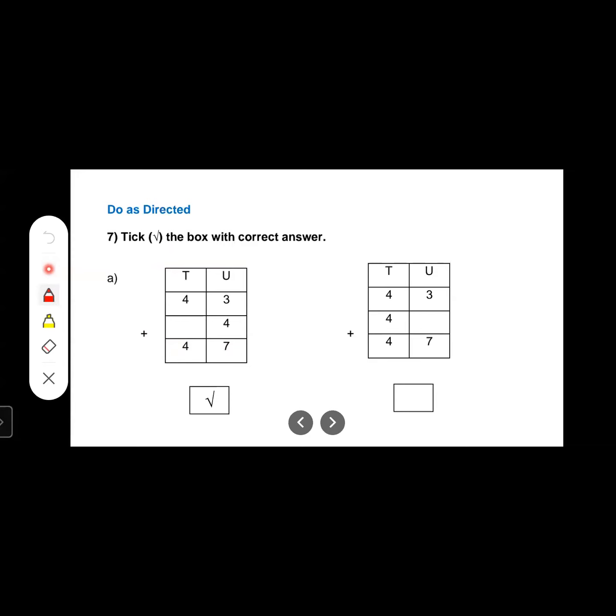What is given over here? 43. 4 in the tens place we will write and 3 in the units place. You know this, right? Here a single number is there, no? So a single number will always come in the units place. See, I'm going to draw a box now.